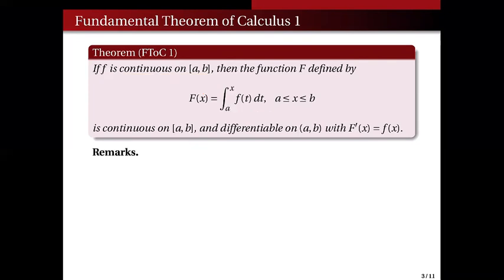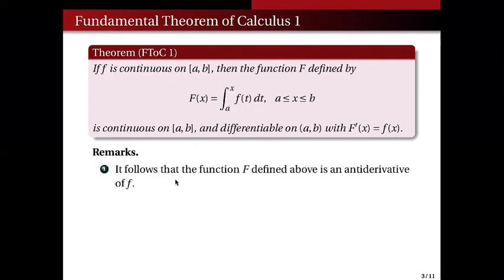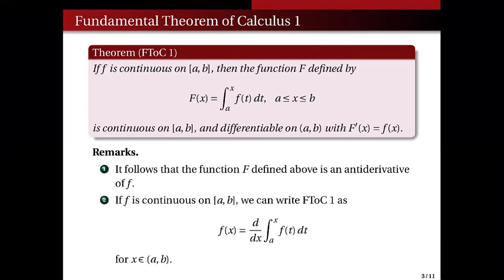So here are some remarks. I think I mentioned some of these. It follows that the function capital F, this guy here, is an antiderivative of small f. Now, if small f is continuous on [a, b], then we can write this fundamental theorem of calculus 1 as small f of x equals the derivative with respect to x of the definite integral from a to x of f of t dt.